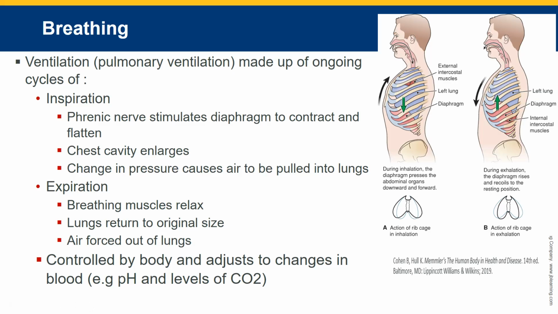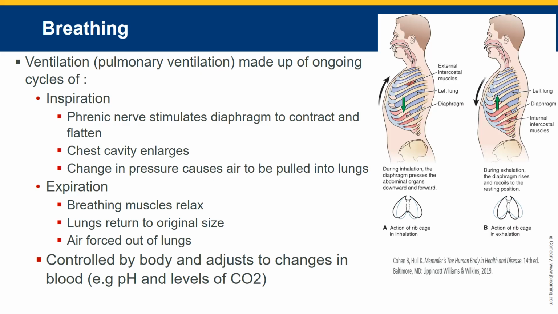Was referring also to breathing and related to the diaphragm. And so the phrenic nerve will stimulate the diaphragm to contract and to flatten up. And when that happens, our chest cavity enlarges and it allows our lungs to get larger. And it makes the air, as the lungs expand, air just gets sucked in.